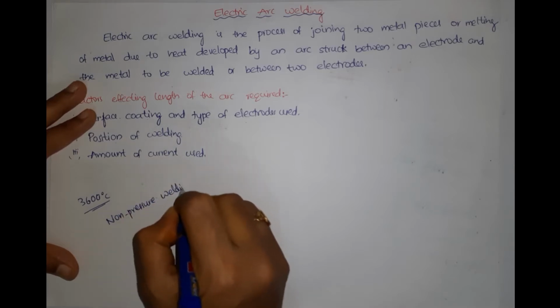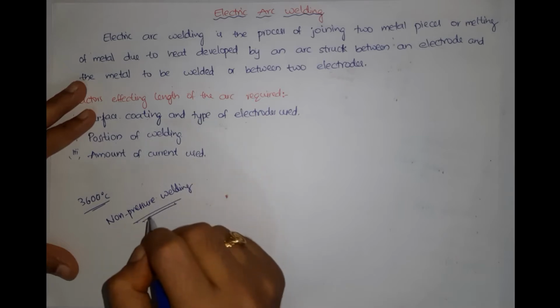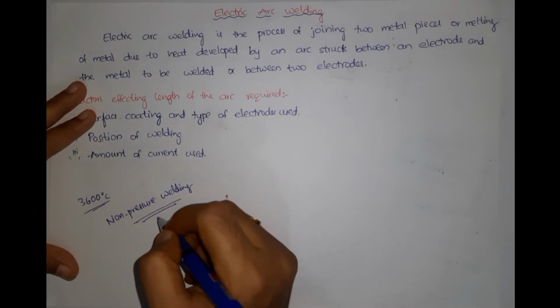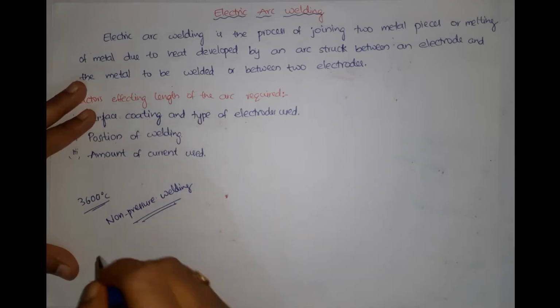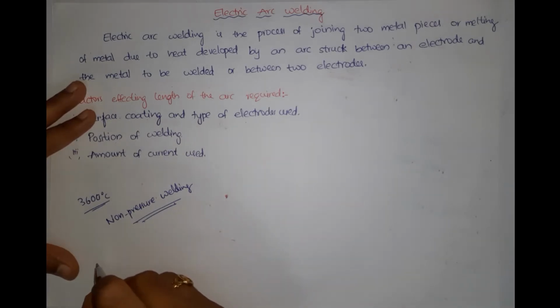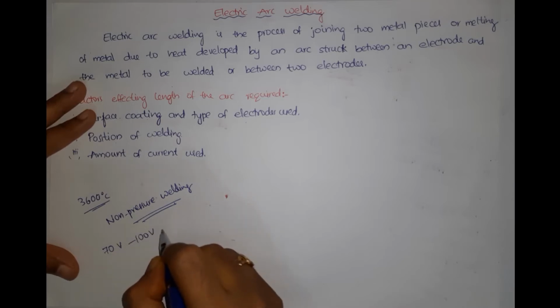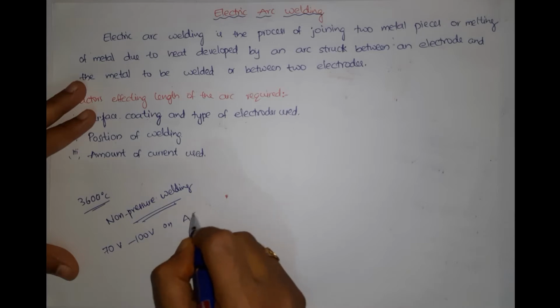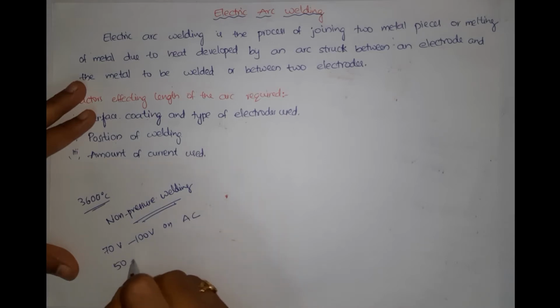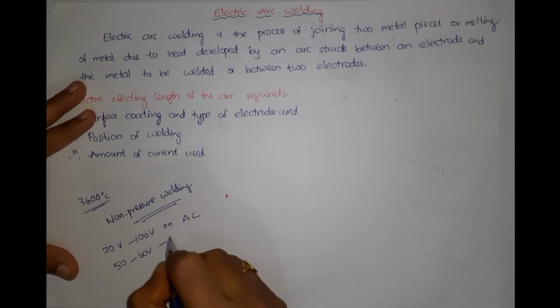As there is no role of pressure anywhere, it is known as non-pressure welding. The voltage in arc welding varies from about 70 to 100 volts on AC, whereas it is 50 to 60 volts on DC, right?